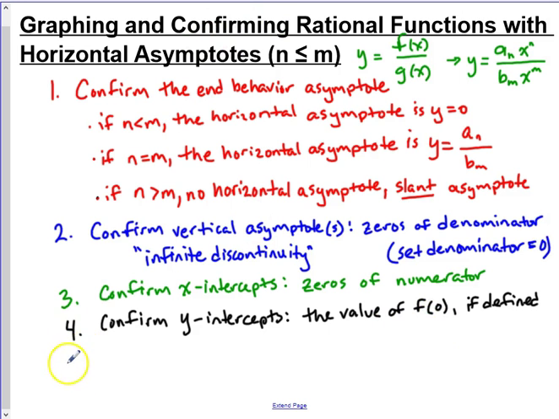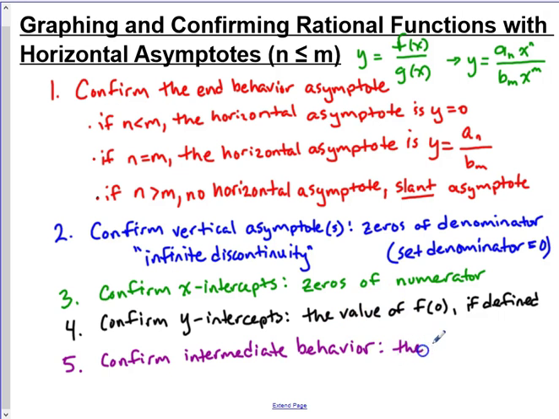Finally, step 5. You're going to confirm the intermediate behavior. Okay, well, what's that? We did that before. It's the behavior of f between and beyond the x-intercepts and vertical asymptotes.